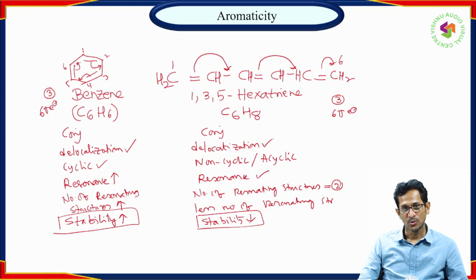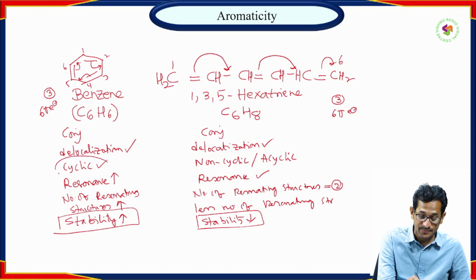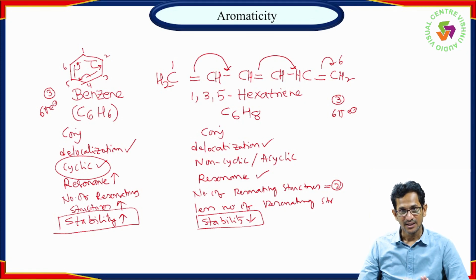Right? So resonance is possible in both cases, but a greater extent of resonance is possible in the case of benzene. The reason is that it is cyclic in nature. Cyclic compounds will produce more resonance than acyclic compounds.